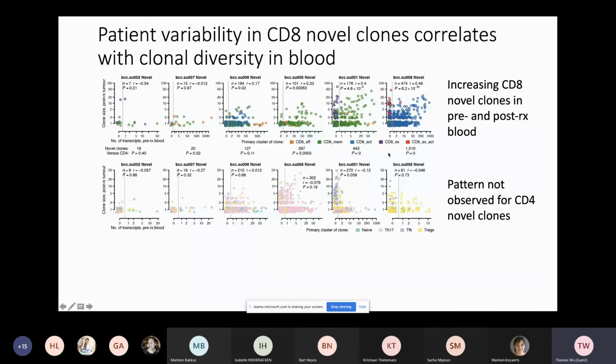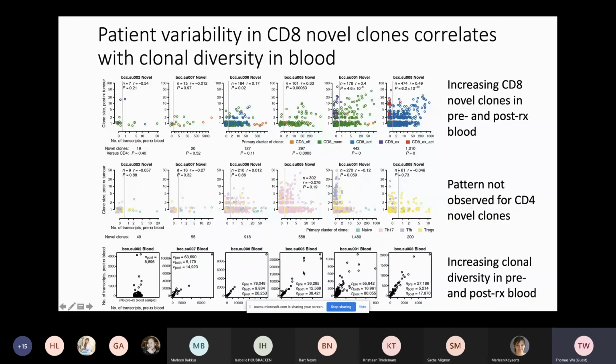And so what we then said is this could be related to just an overall pattern of clonal diversity. And we measured the amount of clonal diversity. And what we're showing here is we're doing it both ways, in both pre-treatment and post-treatment blood.